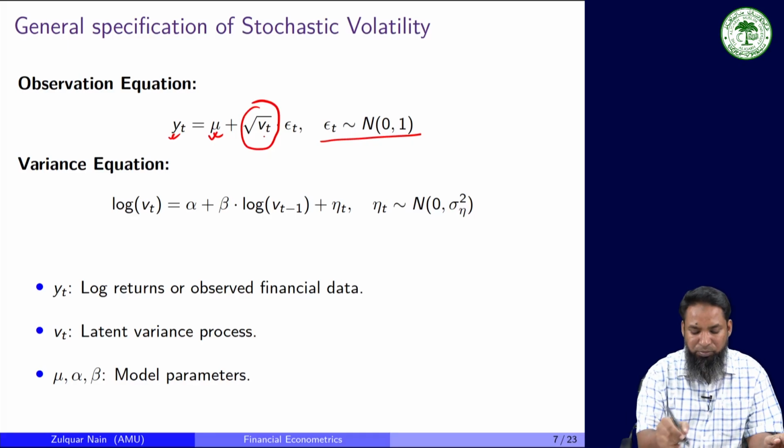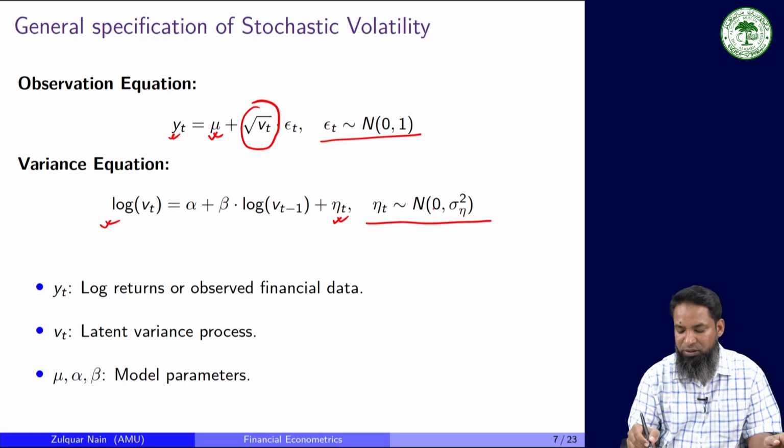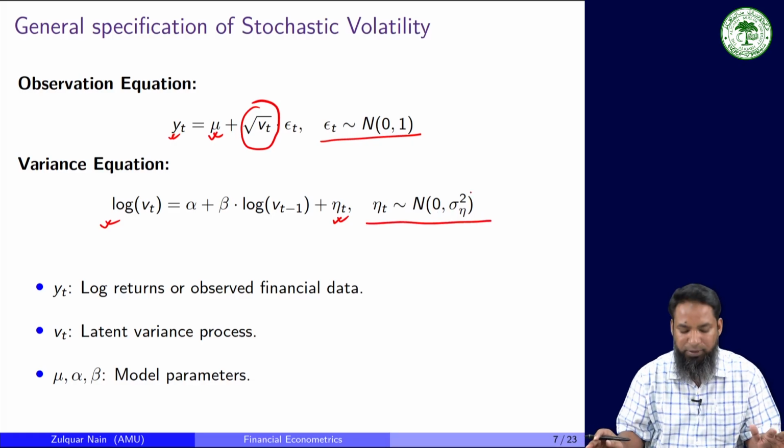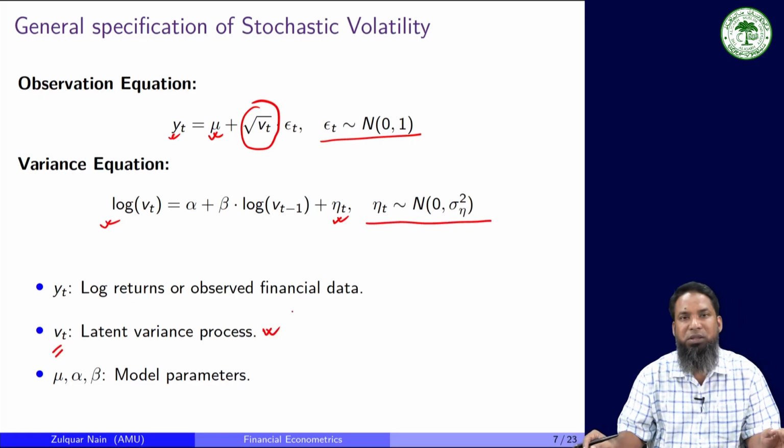Now the variance equation depends on the structure of this particular term, which is being modeled using this variance equation, where log of V t is equal to alpha plus beta times log of V t minus 1 plus eta t, which follows a normal distribution with mean 0 and variance sigma square. Here V t is the latent variance process.